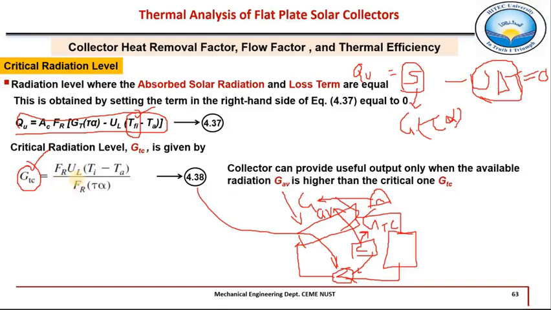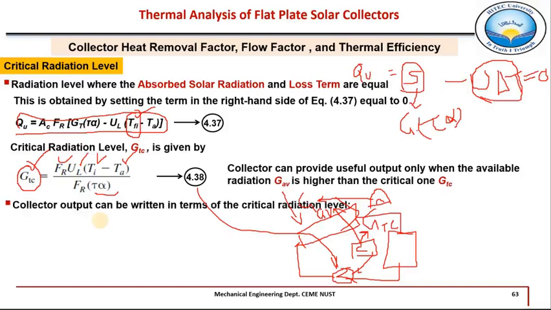And we already know what UL, FR, tau alpha, inlet fluid temperature, and ambient temperature are. All these terms are clear to us because we have already learned about them in this chapter. Right. So the collector output can be written, the same equation 4.37, in terms of critical radiation.